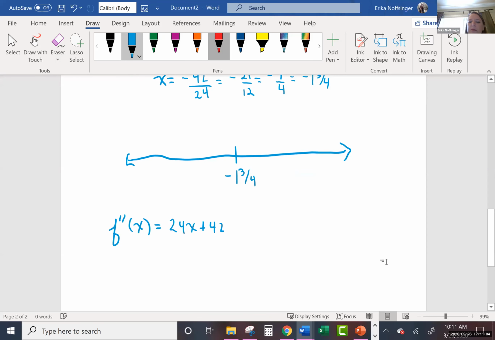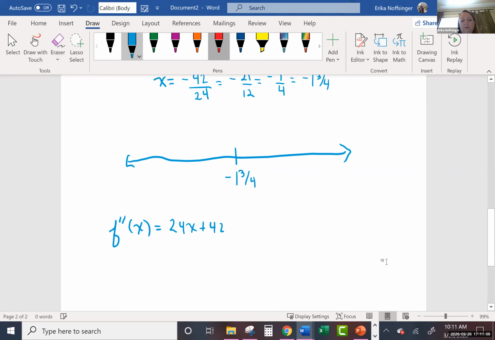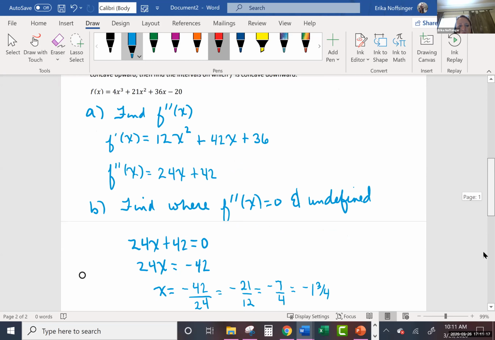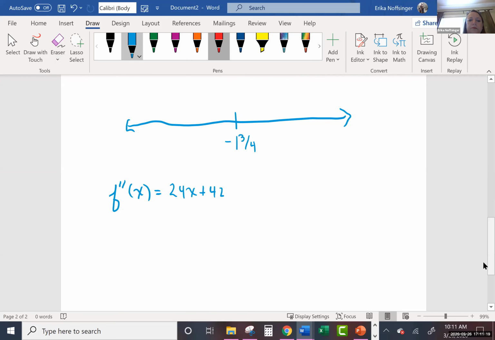So if we choose some number to the left of negative 1.75 or negative 1 3/4. So sorry about that. How about x equals negative 2? So plug in negative 2 wherever you see an x, you have 24 times negative 2 plus 42.